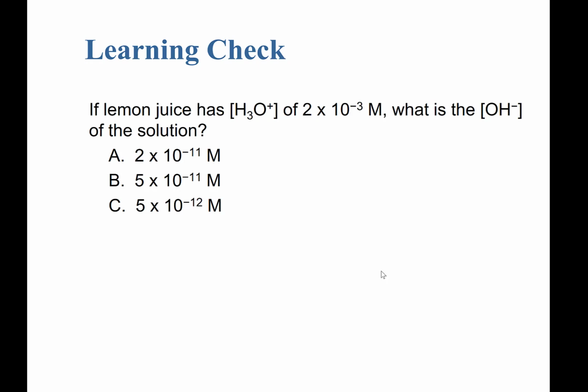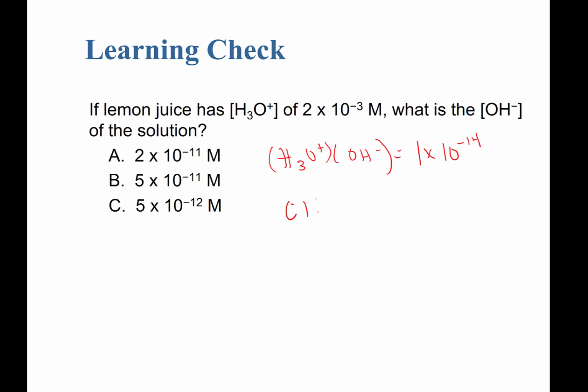Right, this one says if lemon juice has an H3O+ of 2 times 10 to the negative 3rd, what's the OH-? So we know that the H3O+ times the OH- is 1 times 10 to the negative 14th.